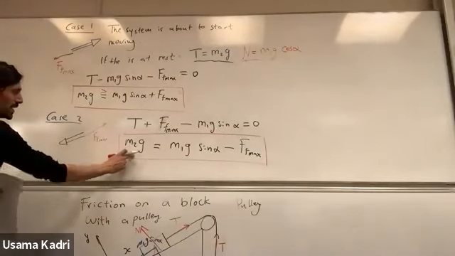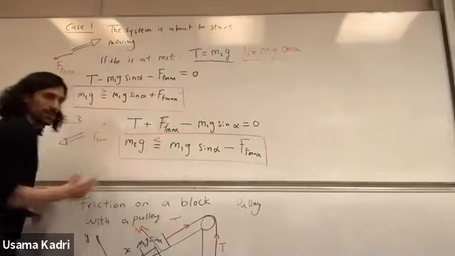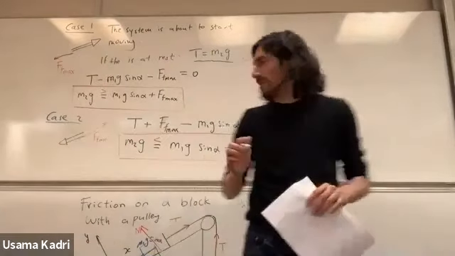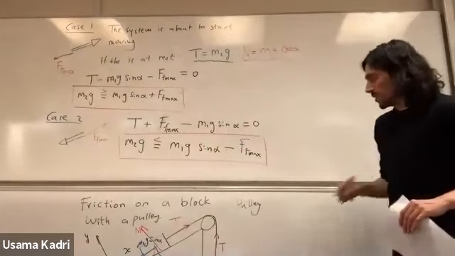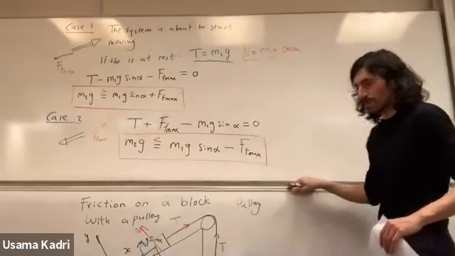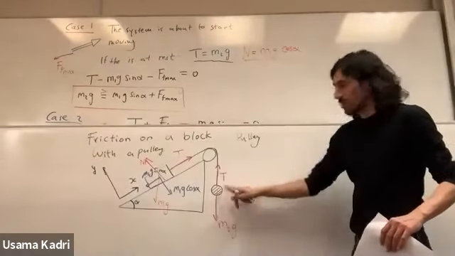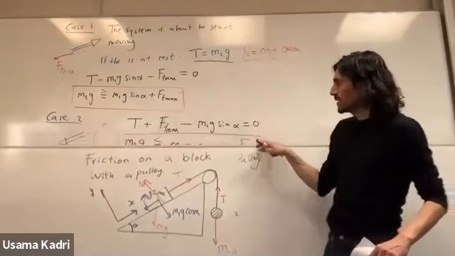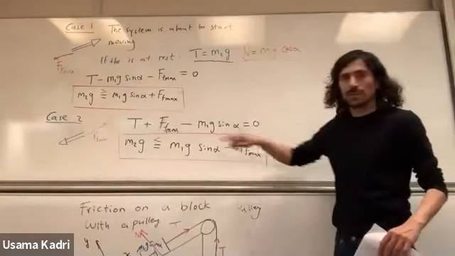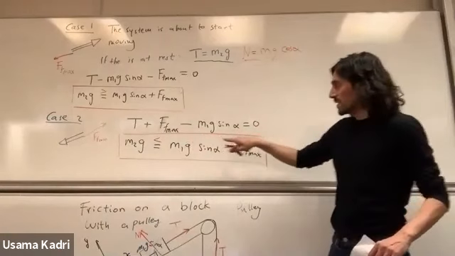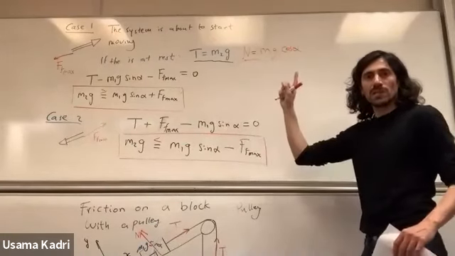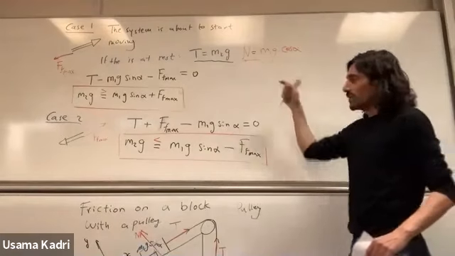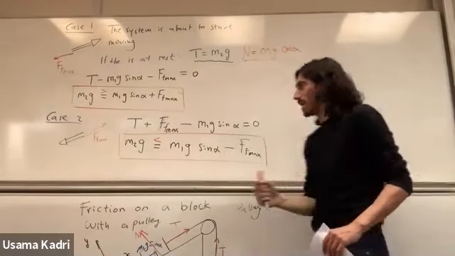If M2G is smaller, even slightly smaller than this, what would happen is that the second object would start traveling up, accelerating up, and the first object would start traveling down the hill.